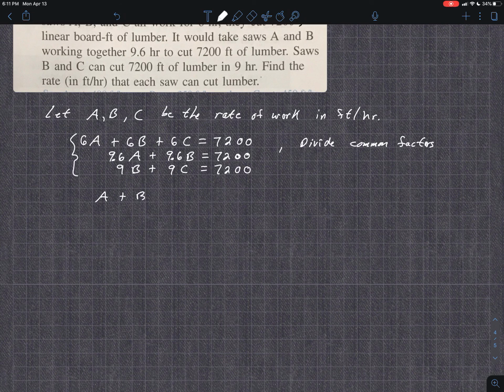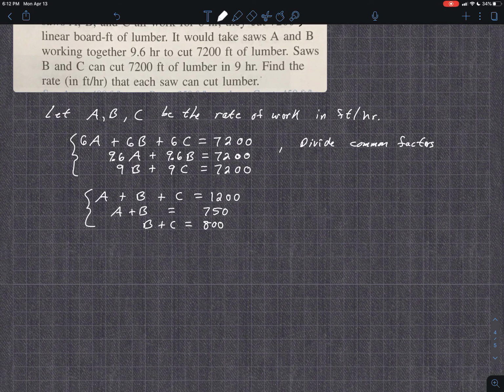So you end up getting A plus B plus C equal to 1,200. You get A plus B equal to 750, and you get B plus C equal to 800. So you have those equations.